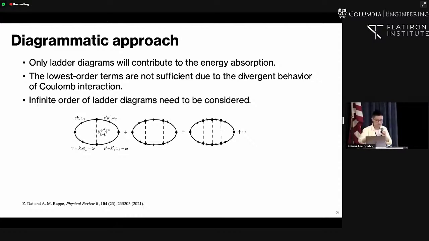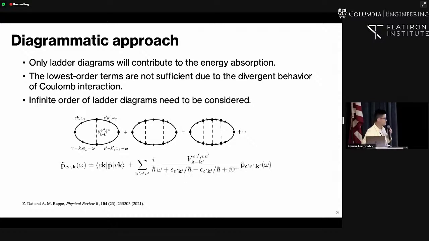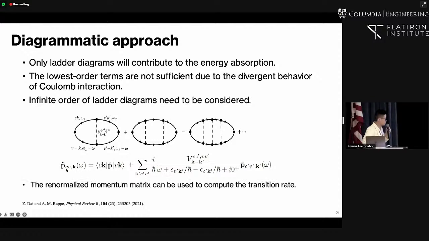And luckily, we have a way of summing them up, and they can be represented in this expression, which can be solved numerically. Basically, it will give you a renormalized momentum matrix, which you can use to compute the asymmetric carrier generation rate.